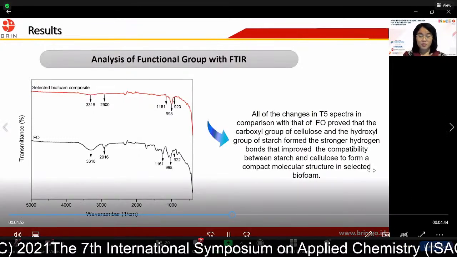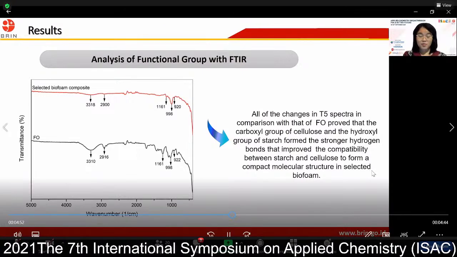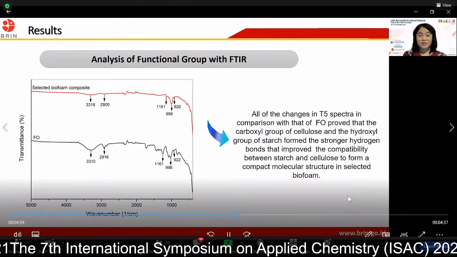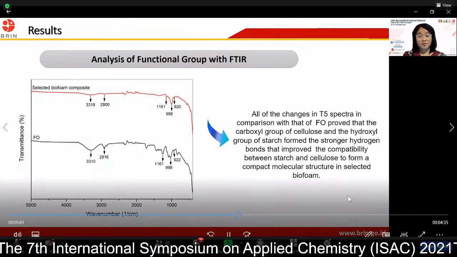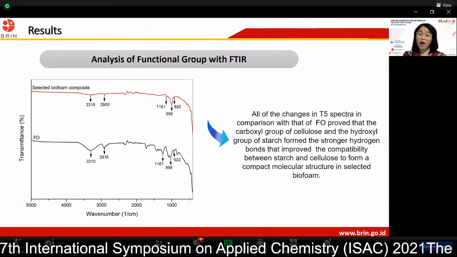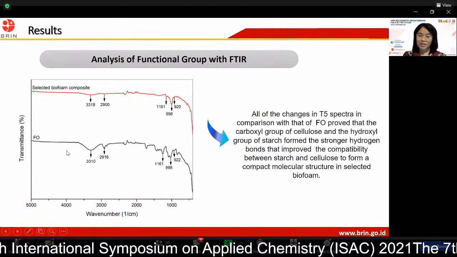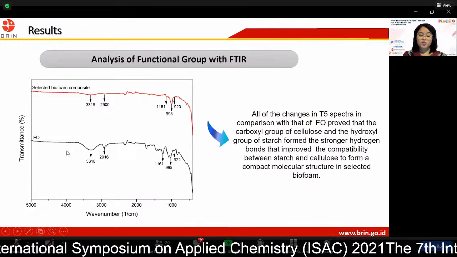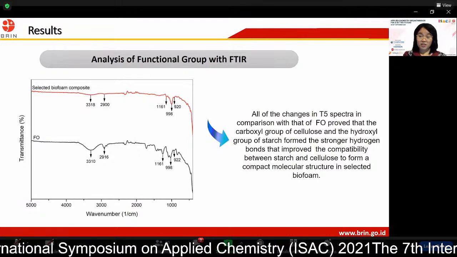And the difference between these two, the neat foam without the cellulose and the composite with the cellulose, is in the wide band at about 3,300, which corresponds to the OH stretching.